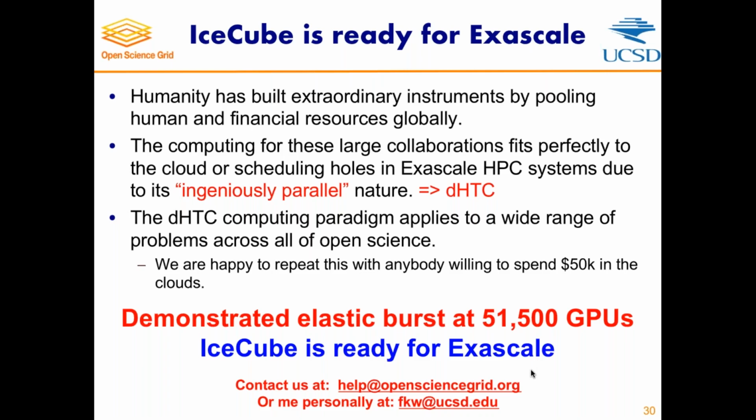Humanity has built these extraordinary instruments like IceCube by pooling human and financial resources globally. Experiments like those at the Large Hadron Collider, IceCube, LIGO, Virgo, KAGRA, those kinds of global-scale experiments quite literally pool resources from the world over.